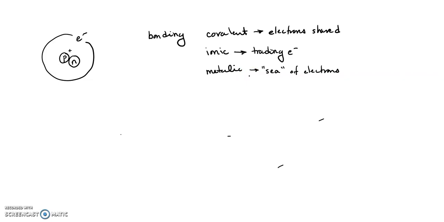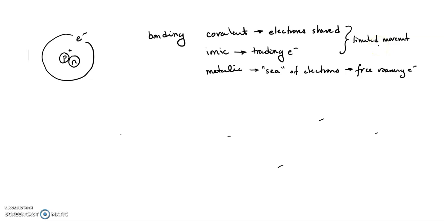They can move around very easily. So for these two we have limited movement of electrons, and here we have free roaming electrons.